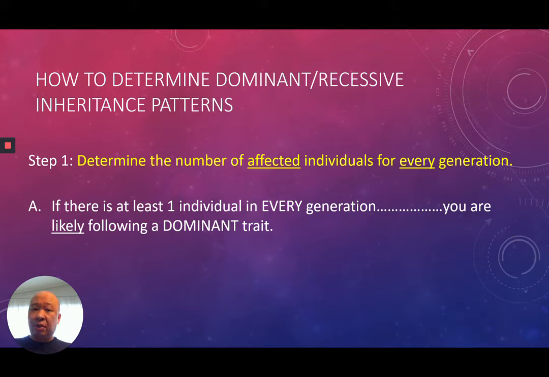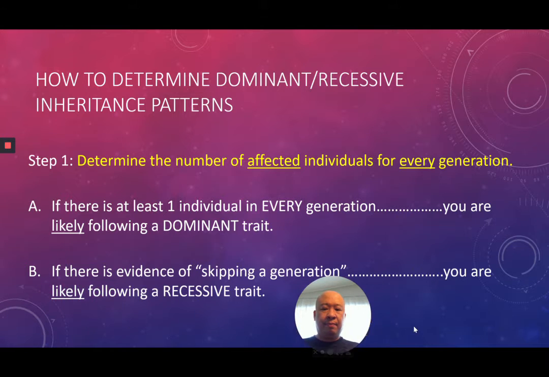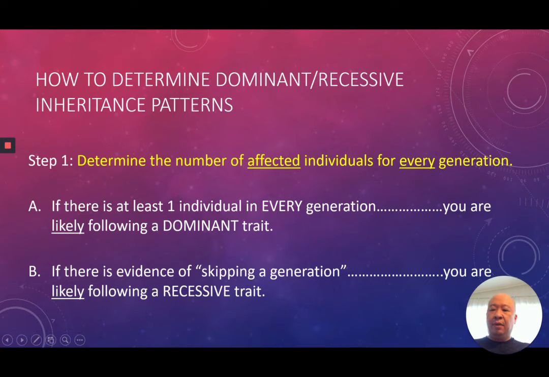The alternative to that is if you notice that there's one generation that everyone is normal, that has not been affected, that means the gene has skipped that generation. So if you see that happening, then you're likely to have a recessive trait.